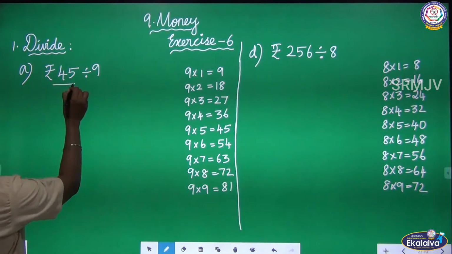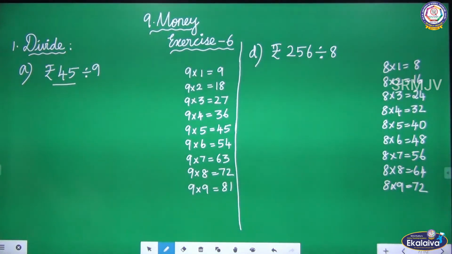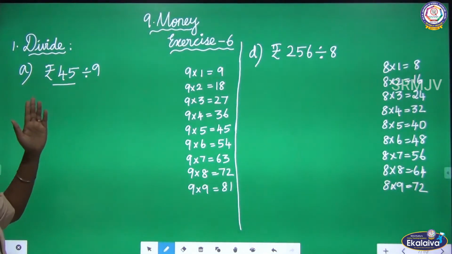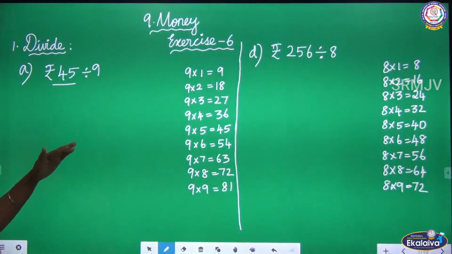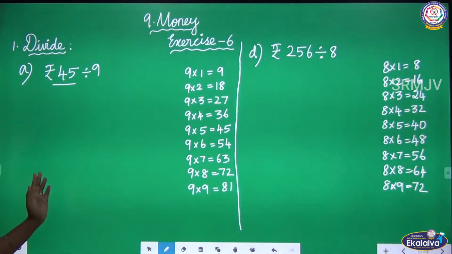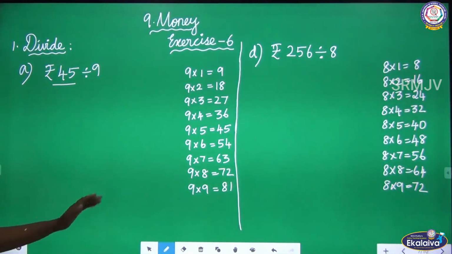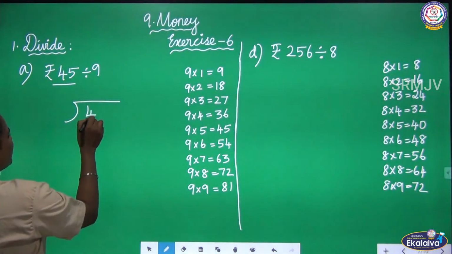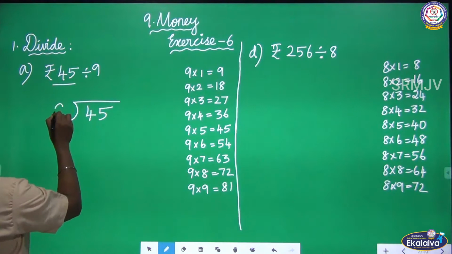So which is the dividend? 45 is the dividend, then 9 is the divisor. First we will do ordinary division, then at last in the answer you can write the rupee symbol. So like ordinary division we are going to divide 45 by 9.